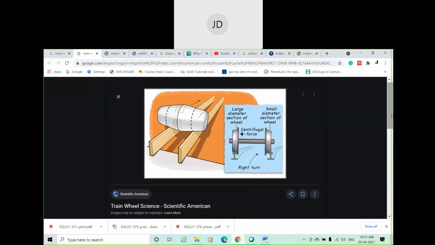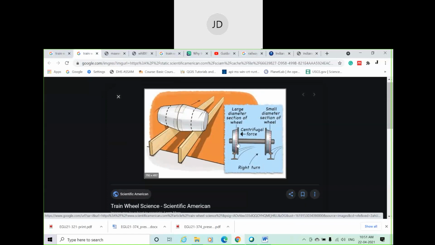For now, you can see here the wheel, this is the axle, and this is the train wheel. I already told you the train wheel has a conical shape. This is the physical appearance of the concept of the railway wheel.